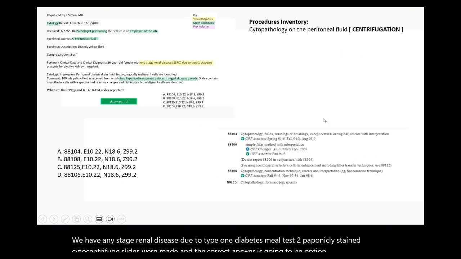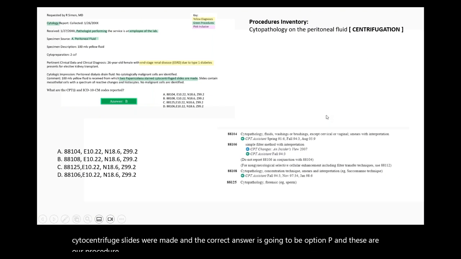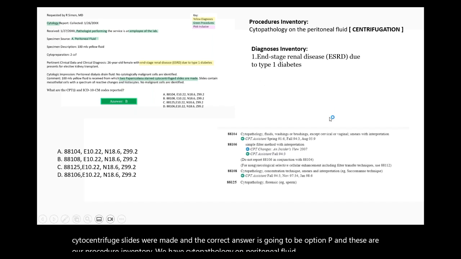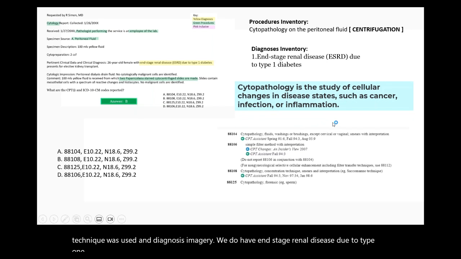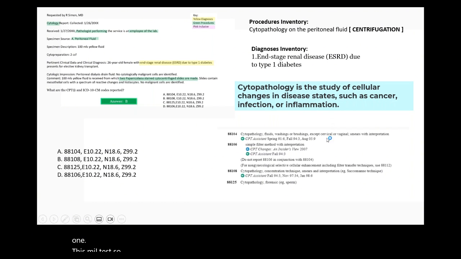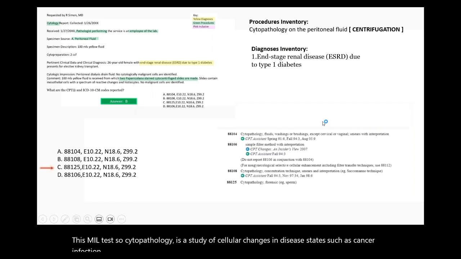And these are our procedure inventory: we have cytopathology on peritoneal fluid, cytocentrifugation technique was used, and diagnosis inventory: we do have end-stage renal disease due to type 1 diabetes mellitus. So cytopathology is a study of cellular changes in disease states such as cancer, infection, or inflammation.